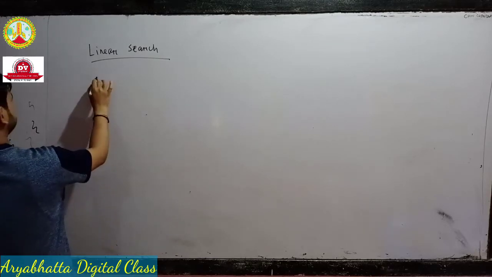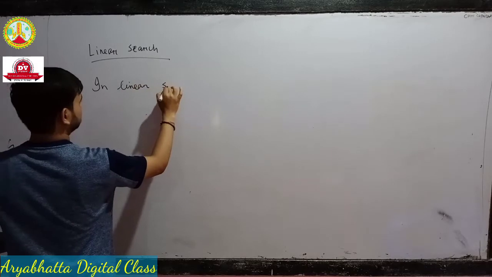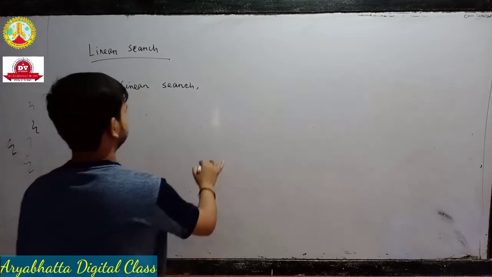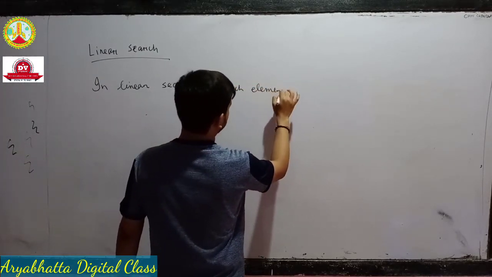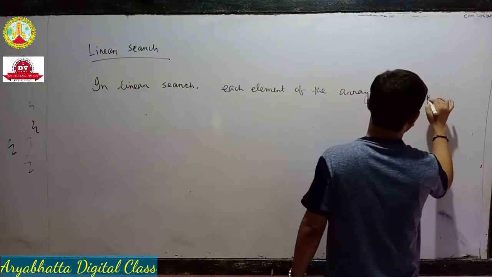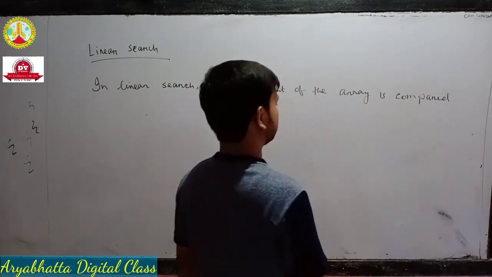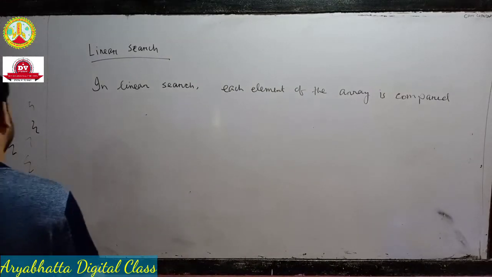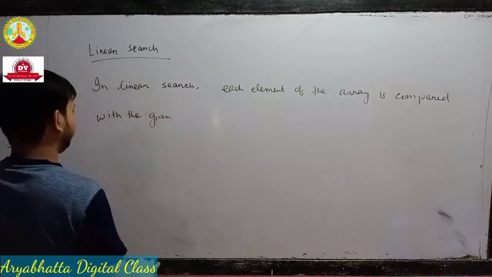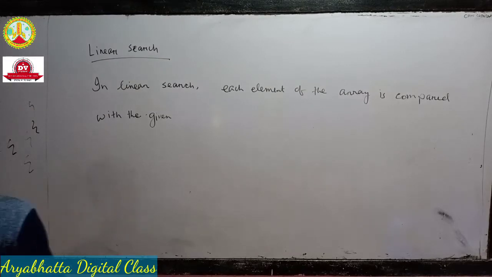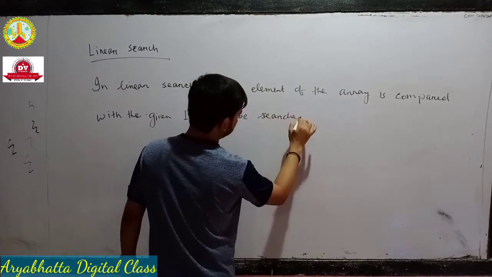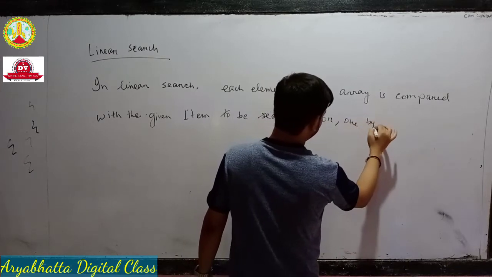In linear search, each element of the array is compared with the given item to be searched for, one by one.